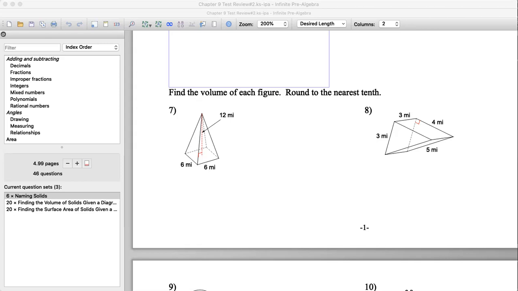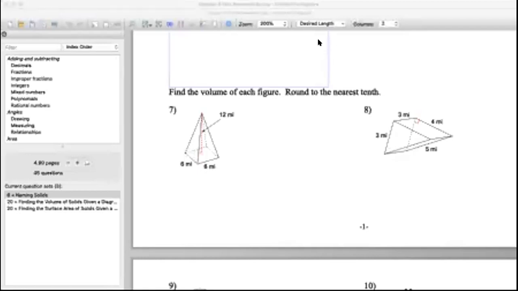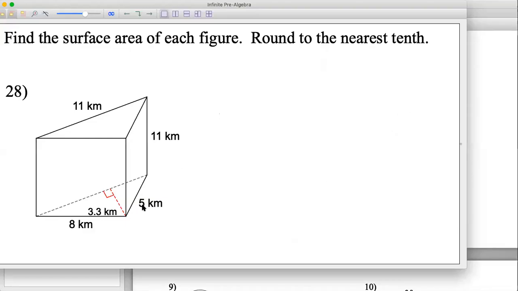So let's see, what number are you doing? This one. And so you got 8 plus 5 is 13 plus 11 is 24. Agreed. All right. Times the height. The height is what? 11. Plus the base and the height of the triangle, which are. No, that's the part where you got it wrong. Okay. You see the little red square?